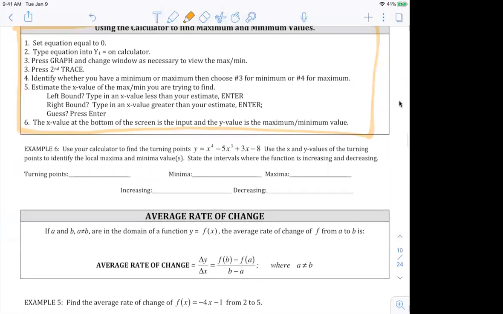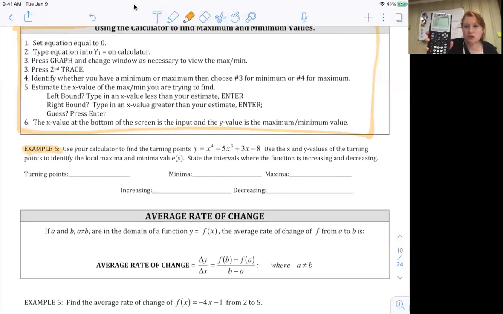So we're going to do them with example 6 because it's easiest to understand the steps when you're actually doing them. So again, you're going to want to grab a calculator here so that you can follow what I'm doing, okay? It says type in to find the turning points here. So we're going to go ahead and type in this equation. You're going to type x.